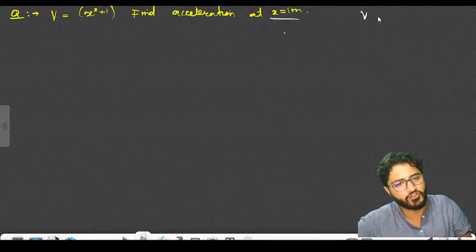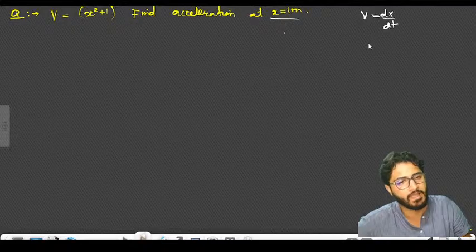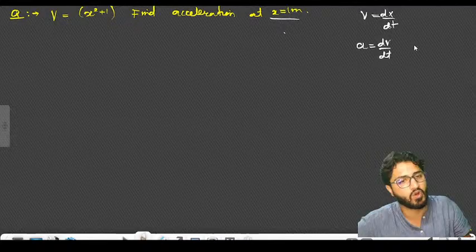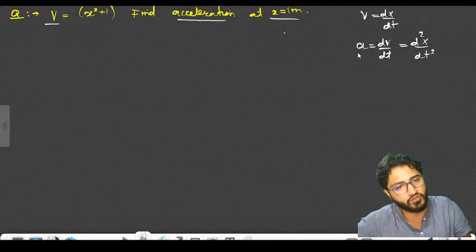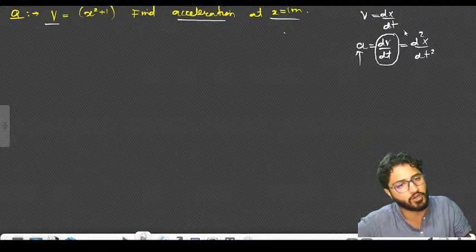Because velocity is equals to dx by dt and acceleration is dv by dt, or you can write here d square x by dt square. You need to find acceleration from velocity. But you cannot apply this formula.